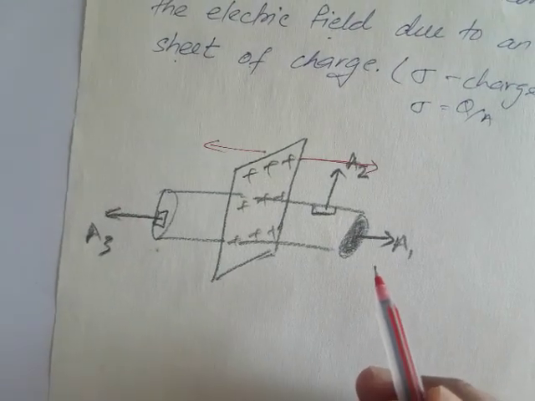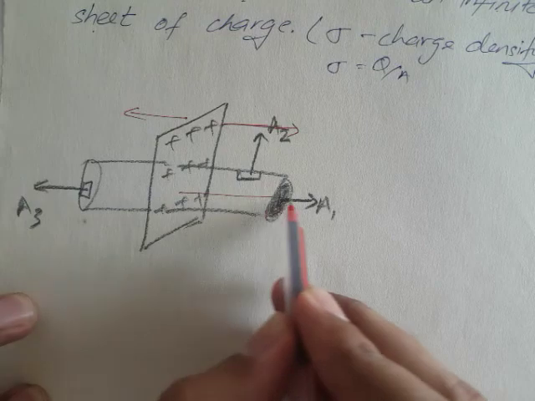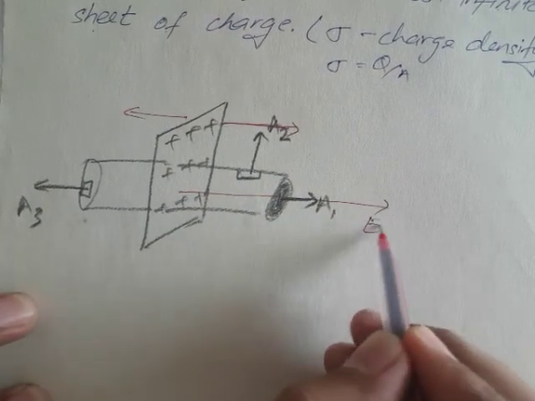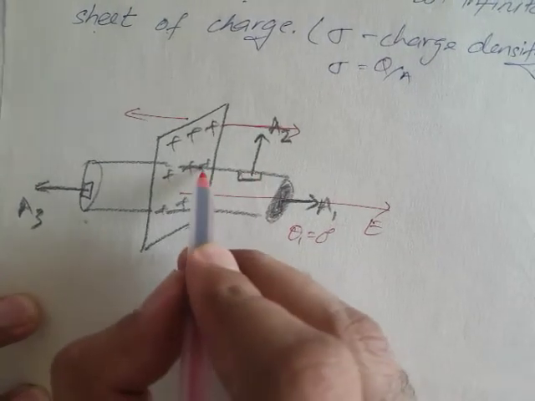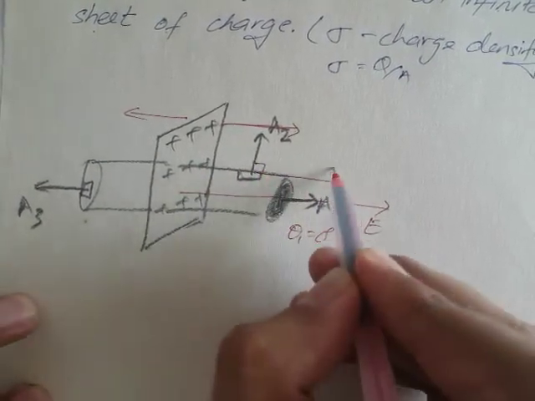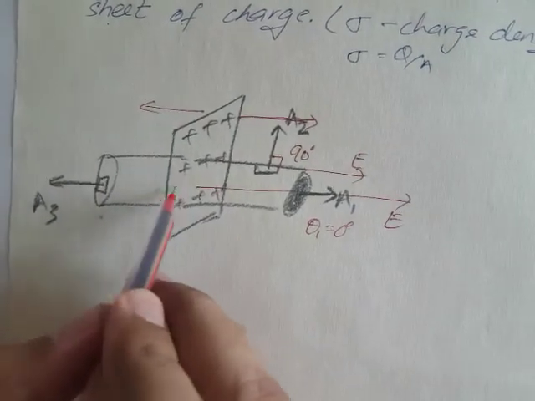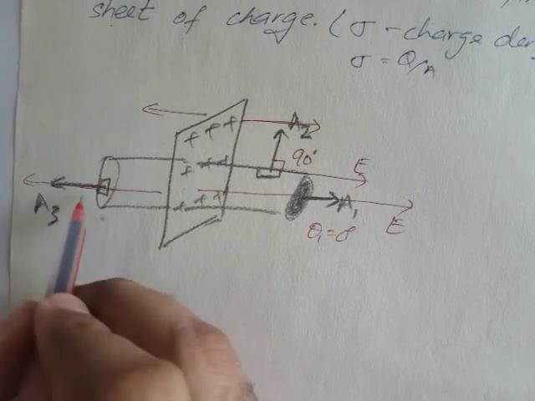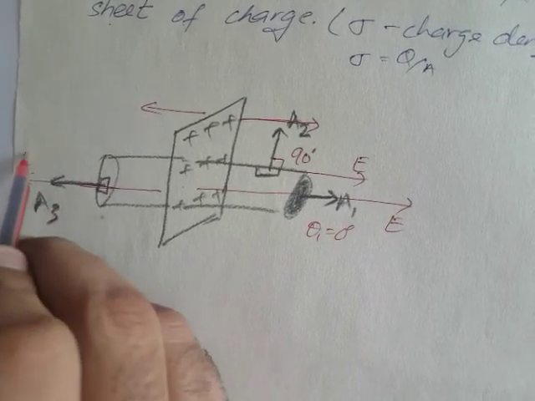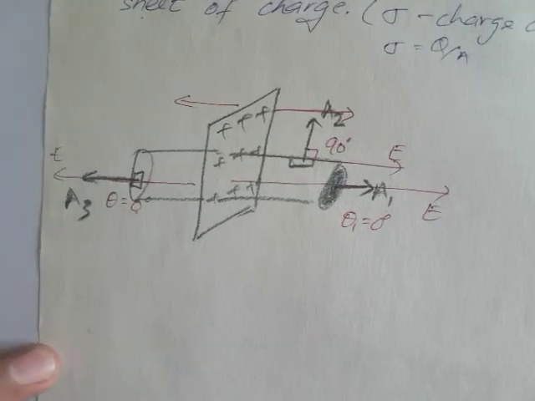If the electric field passes through area 1, then the angle theta between E and the area vector is 0 degrees. If the electric field passes through the curved surface, it forms 90 degrees. If the field comes from the back, E and area vector 3 are parallel, so theta equals 0 degrees.